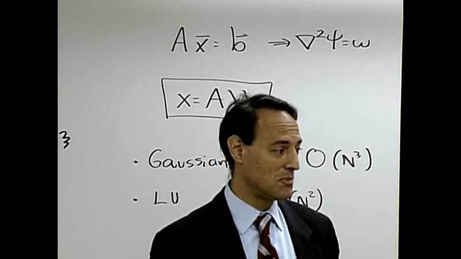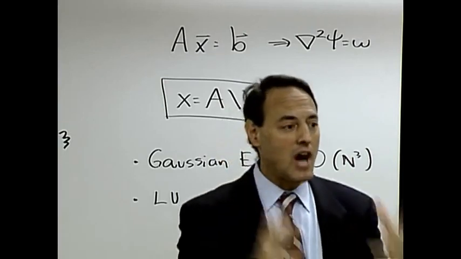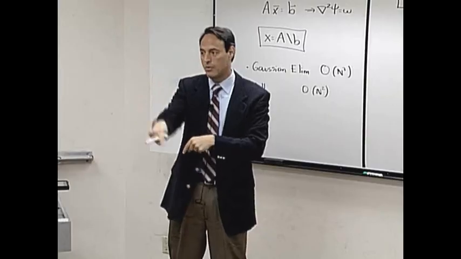I know I called you dumb. You're not supposed to do that in class. It hurts your feelings and makes you feel bad. But you do not pay order n cubed in a computation when you should be paying order n squared.